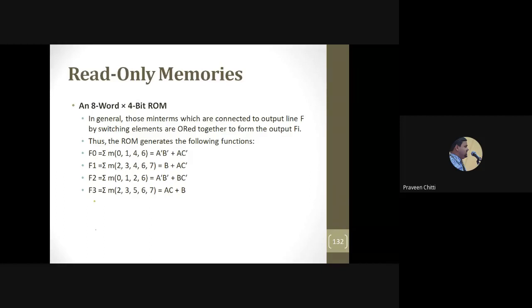How do you get these functions? F0 is this, F1 is this, F2 is this, F3 is this. Obviously, you can use a K-map, simplify this and check whether you will get this or not. These are the functions implemented by the read-only memory, or ROM. Clear? Any doubts?